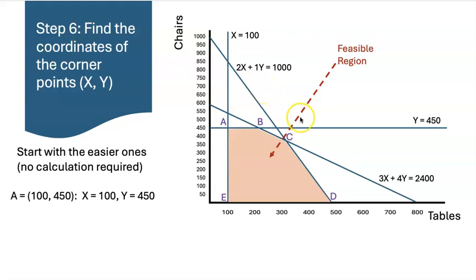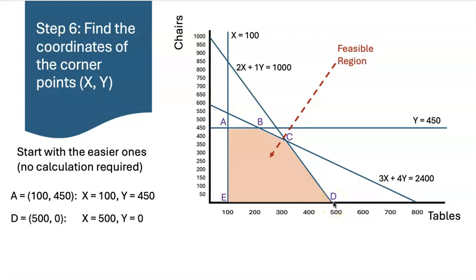B is a little bit more technical, because we know y is 450, but we'll have to use this equation to solve for x. It's more technical because it's the intersection of two lines, and we will need to do simultaneous equations to solve for C. But at D, we can see that it's on the x-axis, so we know that y is 0 and x is equal to 500.